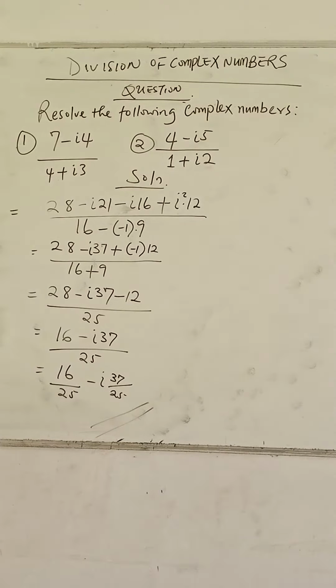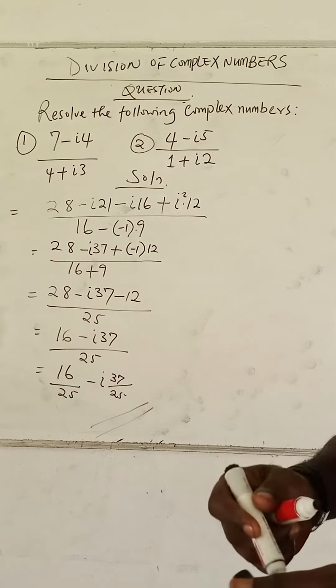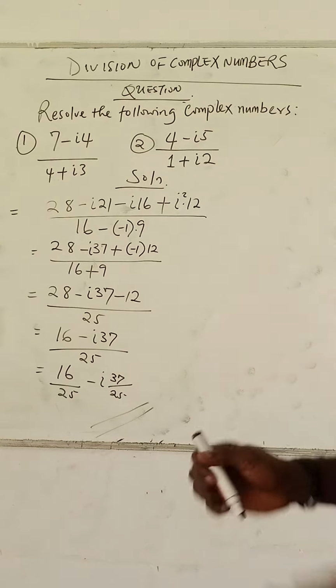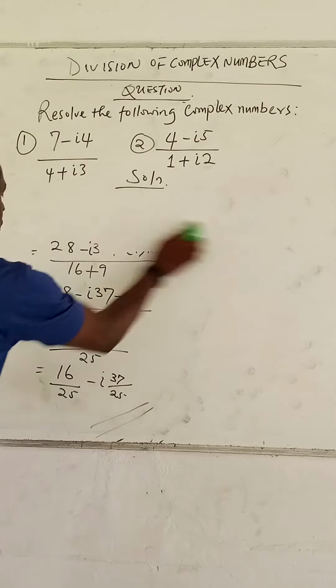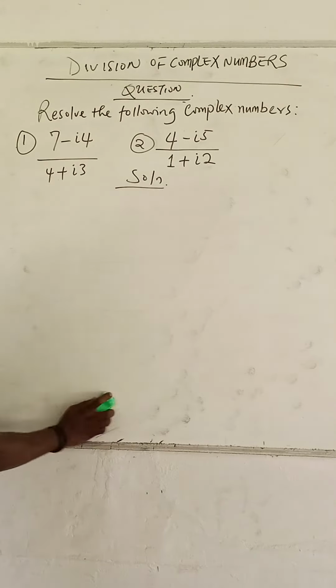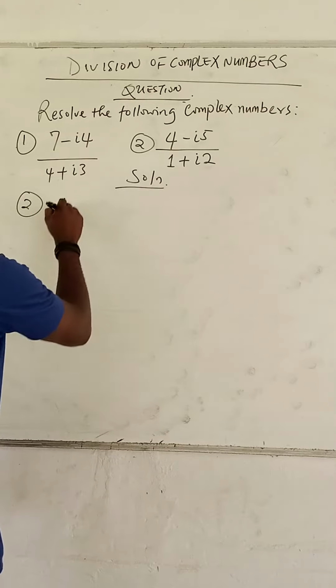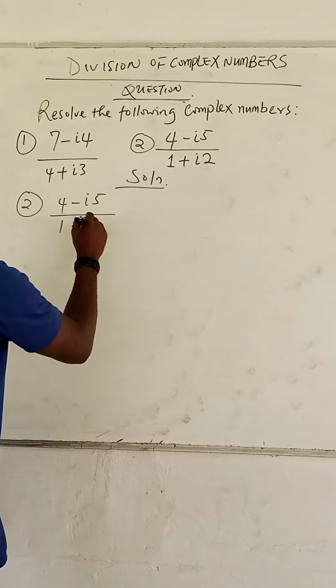The next one is the second question: 4 minus I5 over 1 plus I2.